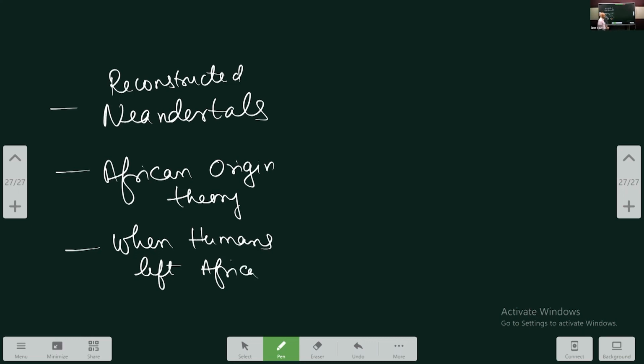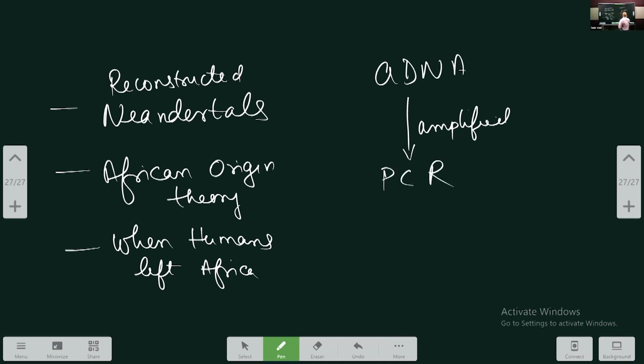So that is paleogenomics. And in paleogenomics, what do we do? We take aDNA, or ancient DNA, and it is amplified. How do we amplify ancient DNA? Through something called PCR, polymerase chain reaction, and then they establish DNA libraries.